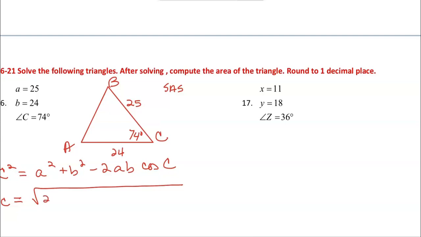My a squared is 25 squared, my b squared is 24 squared, minus 2 times 25 times 24 times the cosine of angle C, which is 74 degrees. That goes in my calculator all at once. I can't stress that enough. That will get you a value of 29.5.